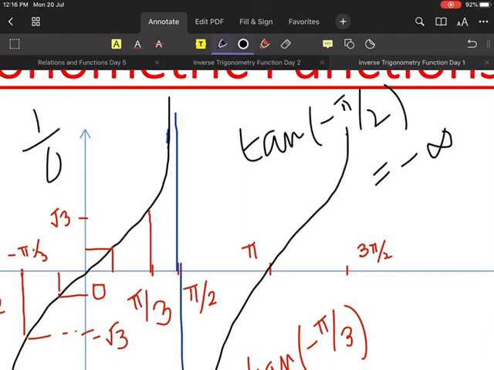Am I clear? Tan pi by 2 is infinity. Sometimes you write that. Why am I writing infinity? Look here. 1 by 0 is undefined, I totally agree. But if I take a number very close to 0, like 0.0000000000001, so many zeros we write, and I divide 1 by that very small number, we get a very big number, right?